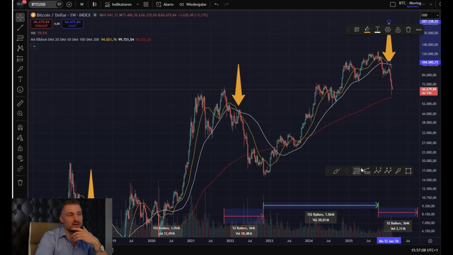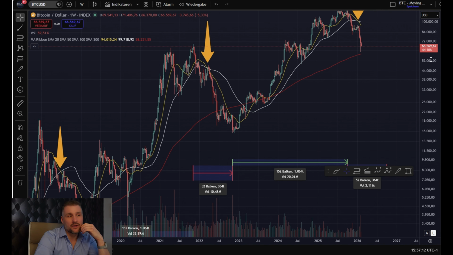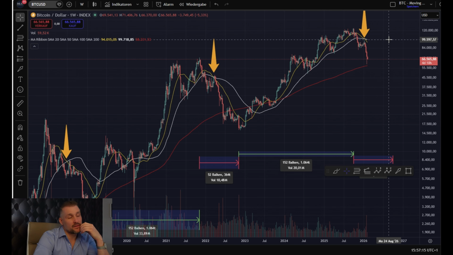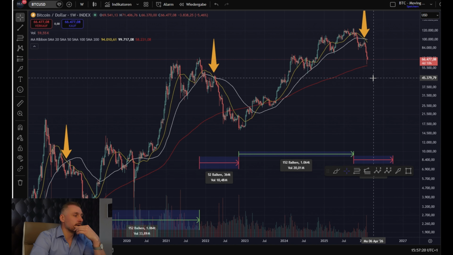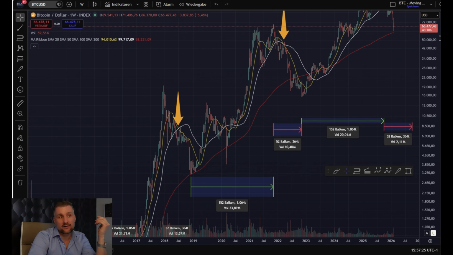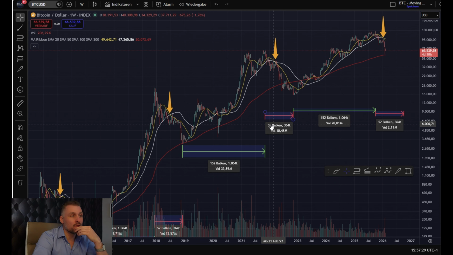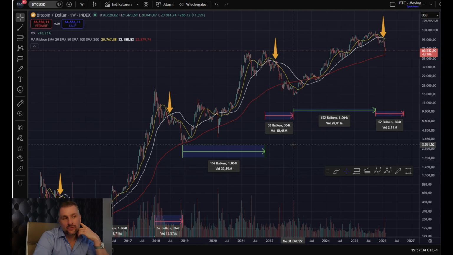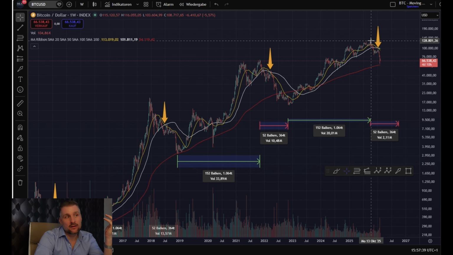And the question was from my community, are we in a bear market or corrective phase? I mean, we are clearly in a corrective phase. And if history repeats, and we see the historical data here with the moving averages, and put also the length of each cycle into consideration from previous cycles, then we could argue, yes, we are currently in a corrective phase.